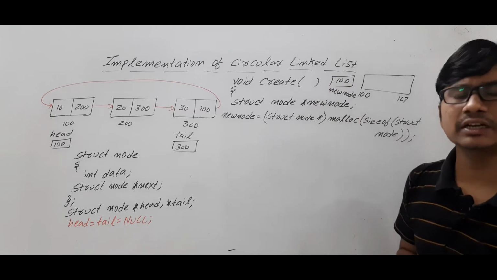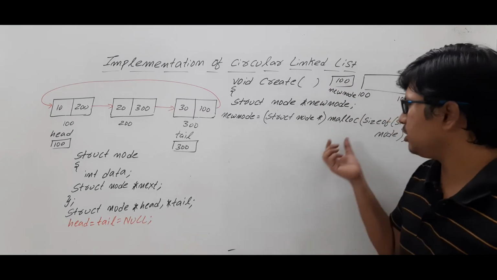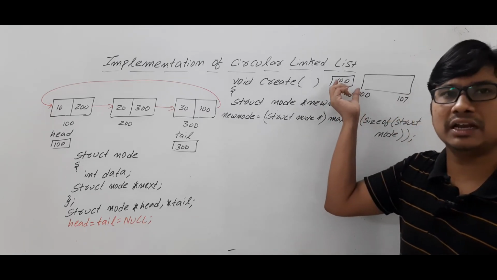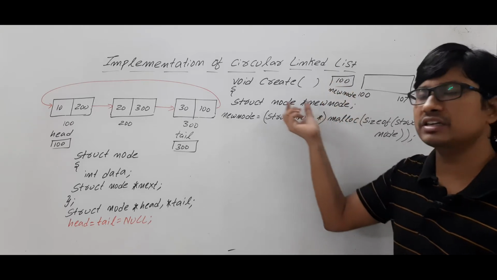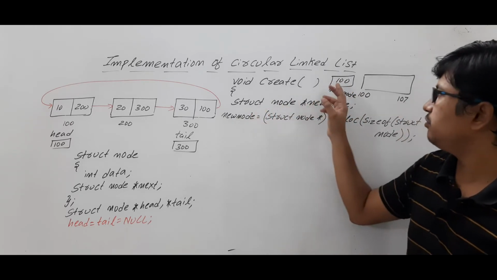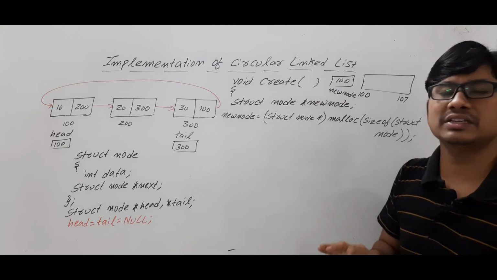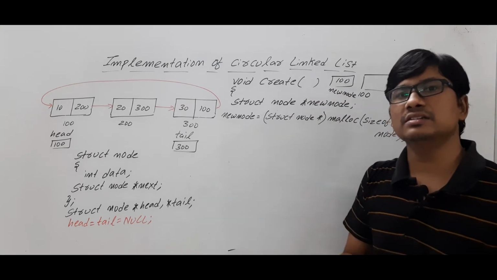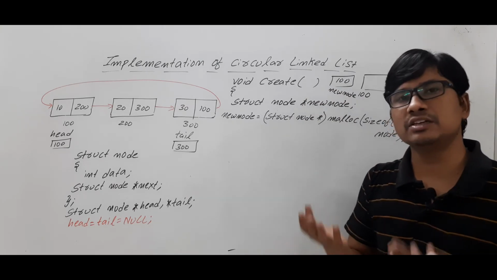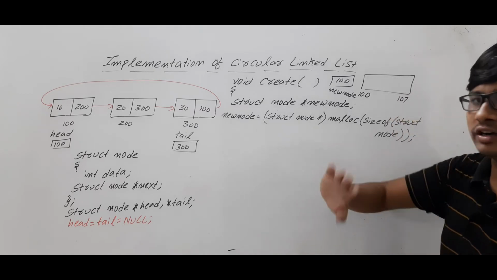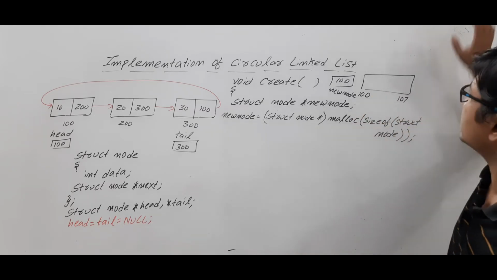Are you able to understand? Due to some issues, if this malloc function could not allocate the memory, then malloc function will return a null value. If new node is having the null, then you can say that the memory has not been allocated. Is it clear?